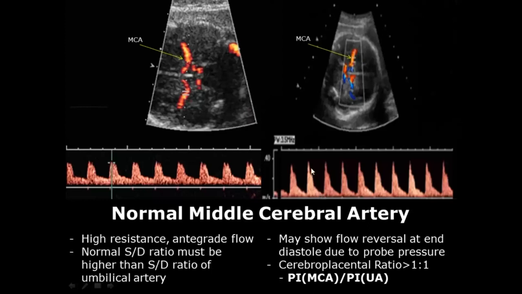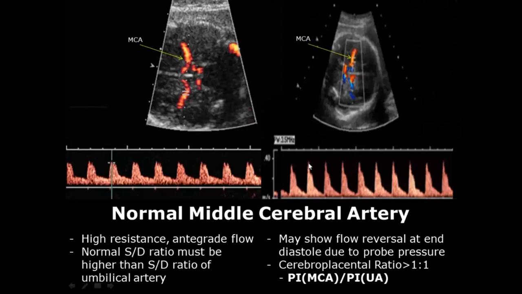The normal SD ratio of MCA must be higher than the SD ratio of umbilical artery, and it may show flow reversal at the diastolic section. It can be due to increased intracranial pressure because of applying pressure with the probe.